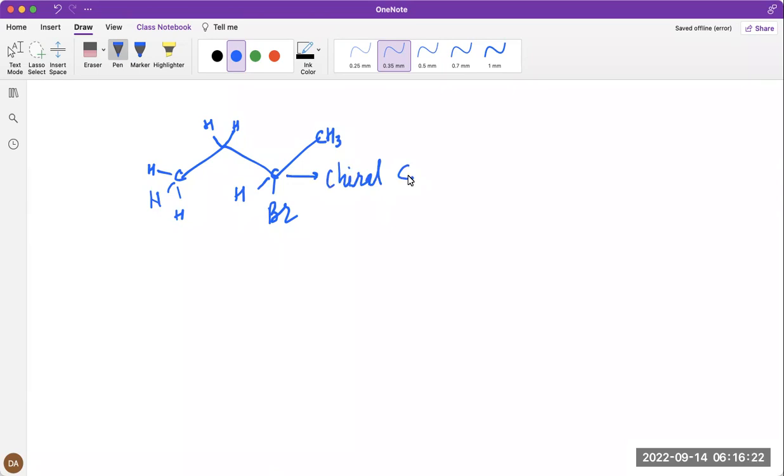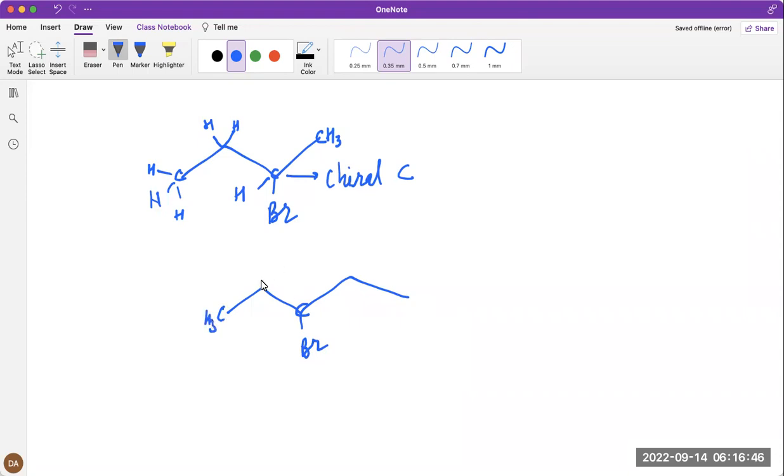So again, we're keeping it very basic right now. Let me show you a similar example, again with bromine sitting here in the bottom. Now let's look at this molecule more carefully and figure out if this carbon sitting here is still chiral or not. So again, this was CH3.